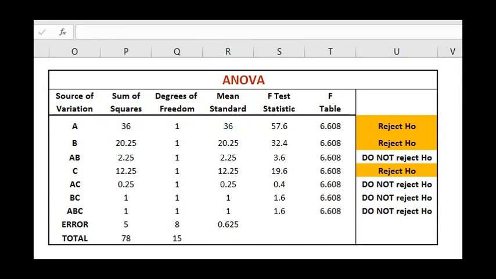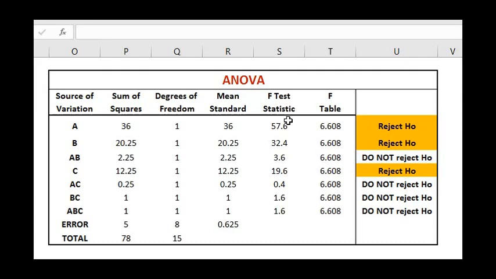We said that our null hypothesis is rejected when the F value from the table is smaller than the F test statistic.